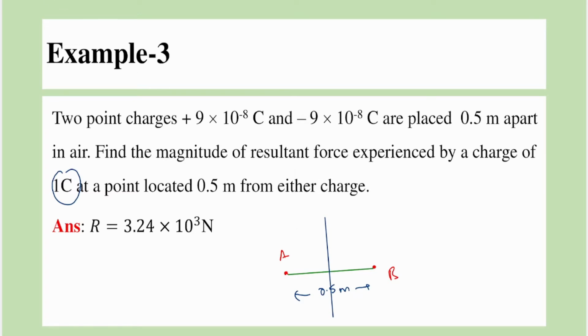So if it's placed somewhere here, this distance and this distance would be the same. So indirectly what is given here is that the charges are placed at the vertices of a triangle.